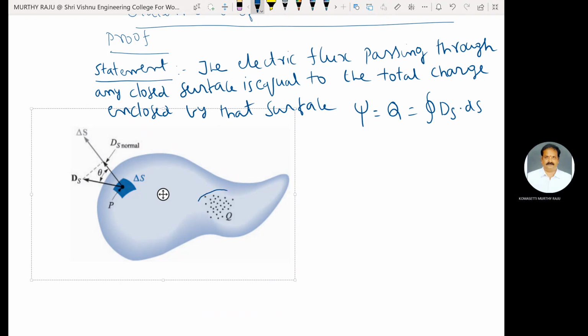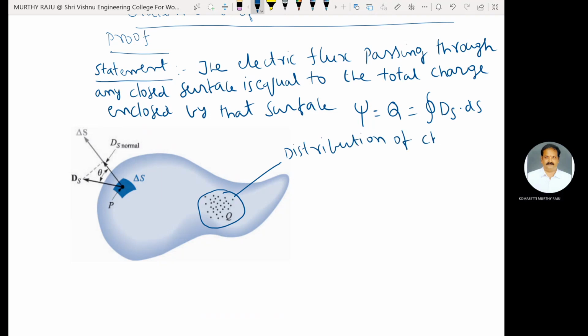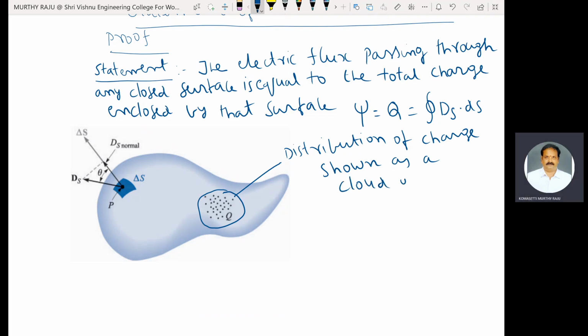This is the distribution of charge shown as a cloud of point charges, surrounded by a closed surface. This is the closed irregular surface.